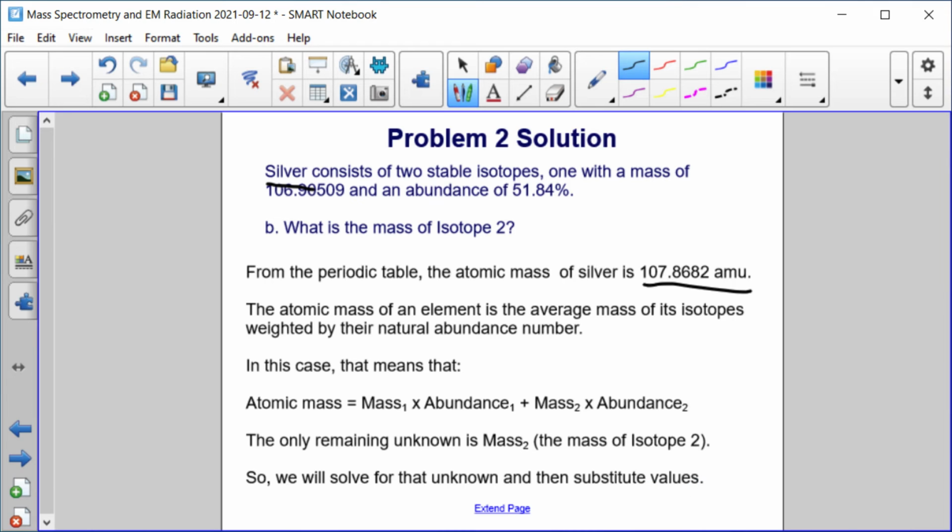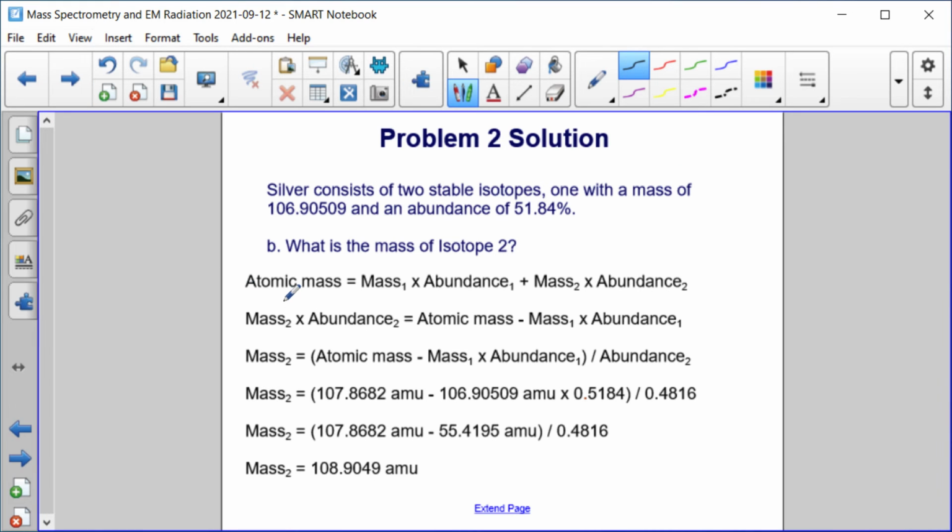The only remaining unknown in this equation is the mass of isotope 2, which is what we're looking for. So we're going to solve for that unknown and then substitute our values. So if I rearrange here, first I subtracted mass 1 times abundance 1, and then divide the whole thing by abundance 2 in order to isolate mass 2, mass of isotope 2. So I just substituted values.